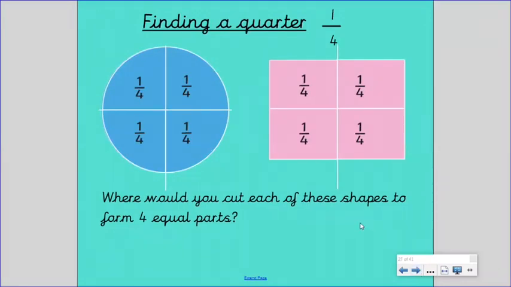So we would cut each of these shapes down the middle from top to bottom and along the middle from left to right. So cutting in half and then in half again. And that would form 1, 2, 3, 4 parts that are all equal. And it's the same for the rectangle. Down the middle from top to bottom and down the middle from left to right, forming 1, 2, 3, 4 equal parts.